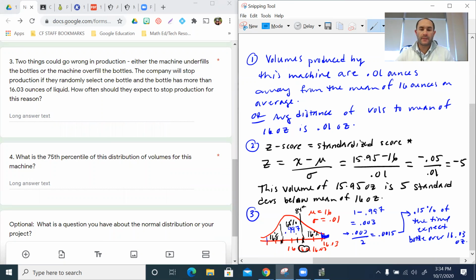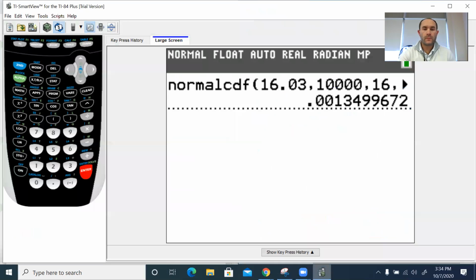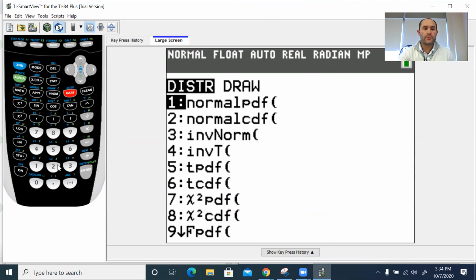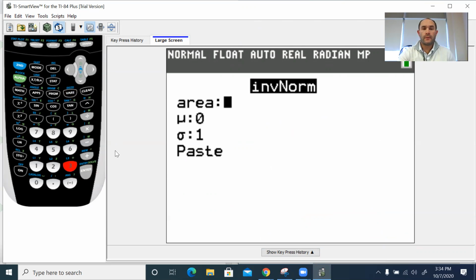What we're trying to find is this number right here, and we want this area that I'm about to shade in black to be 0.75. We can use your calculator function, inverse normal, to do that. So you go to second, distribution, inverse normal to get the percentile. You put in the area that you want, that's the left, so 0.75, then 16, and then 0.01.